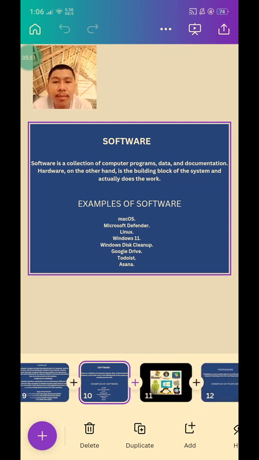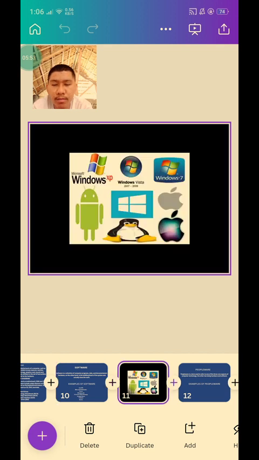Yan daw po ang mga example ng mga software. Kung makikita nyo po dito sa screen natin, ito pong nakikita ninyo, ito po yung sa software. Examples of software: Microsoft Windows XP, Windows Vista, Windows 7, Apple, yan po, Android.